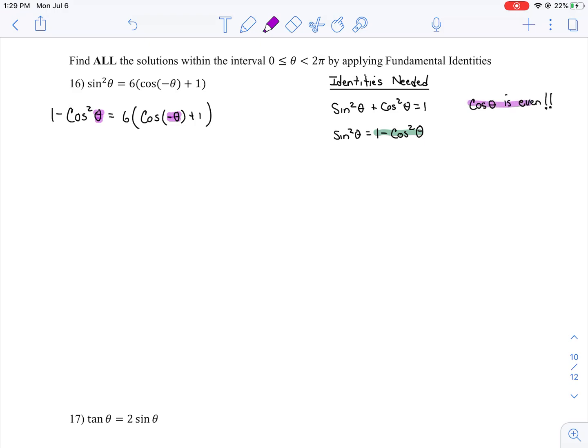Well, we know that cosine is an even function. So that means that the cosine of negative theta is actually equal to cosine theta. So I'm going to replace cosine of negative theta with cosine of theta.